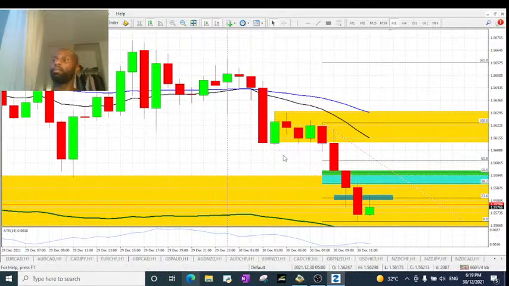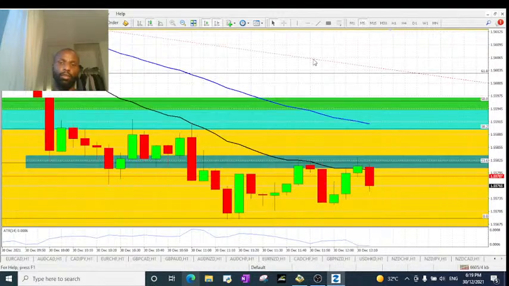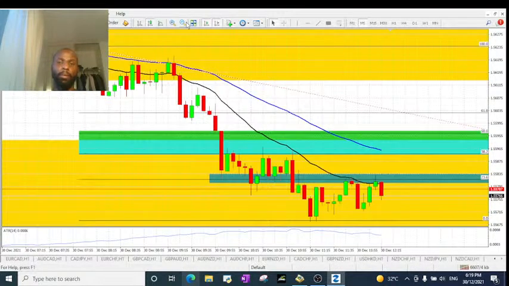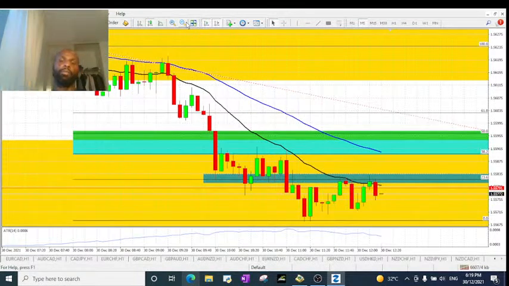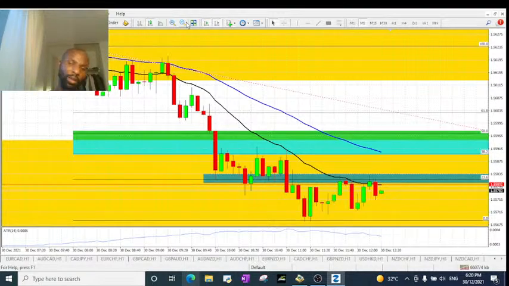Let's keep cycling, see if we will catch something. I'll keep an eye on this pair. You have to know that the lower time frame makes the higher time frame. So if you see a trade on a higher time frame, you have to move down to a lower time frame and make sure that everything is in sync. Everything has to be in sync for the trades to work.